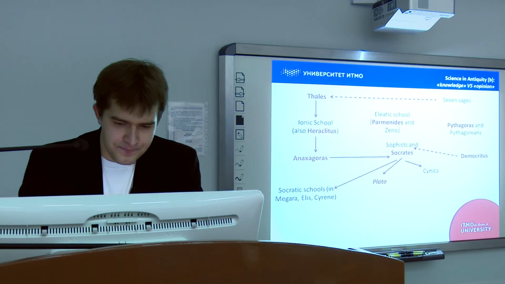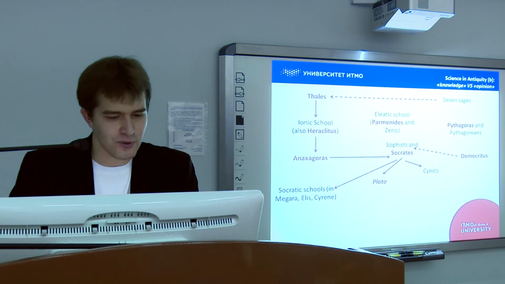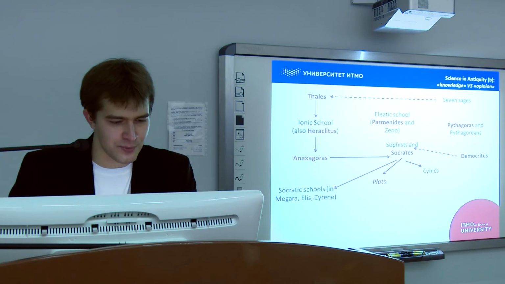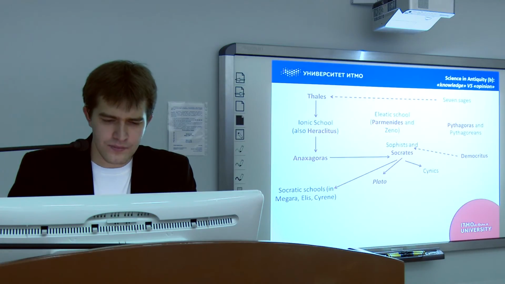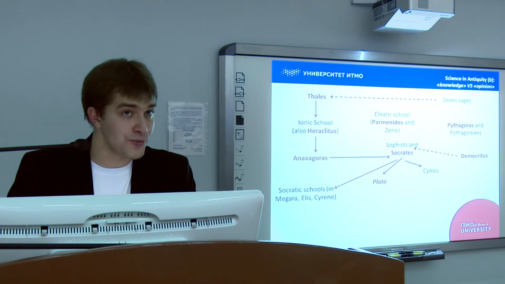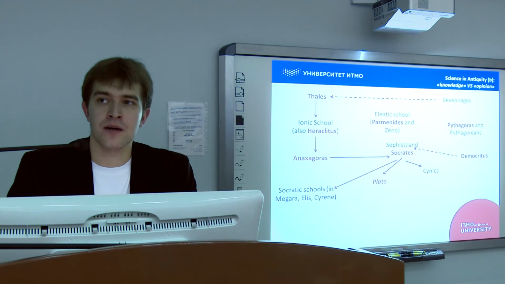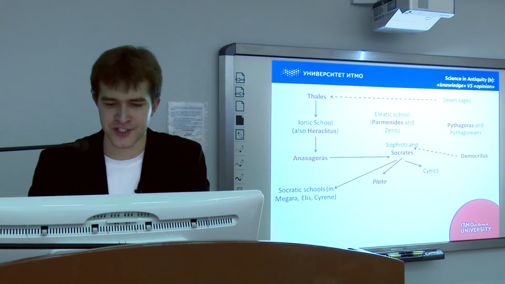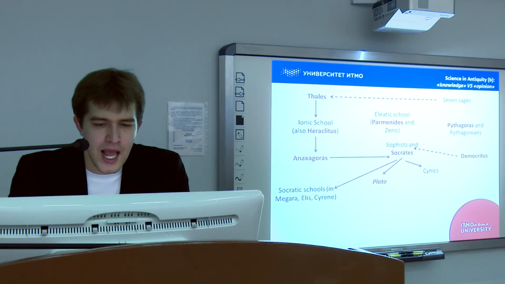One of the most important developments of ancient Greek tradition after Socrates were Socratic schools, which we find in Megara, Elis, and Cyrene, in different cities of the ancient Greek oikumena. Of course, the Cyrenaic school, which was established by one of the followers of Socrates, his name was Aristippus.